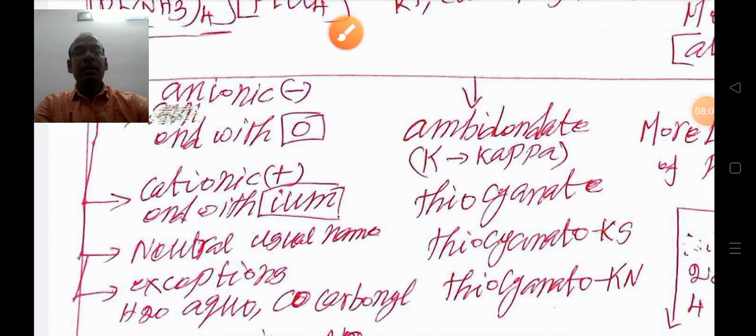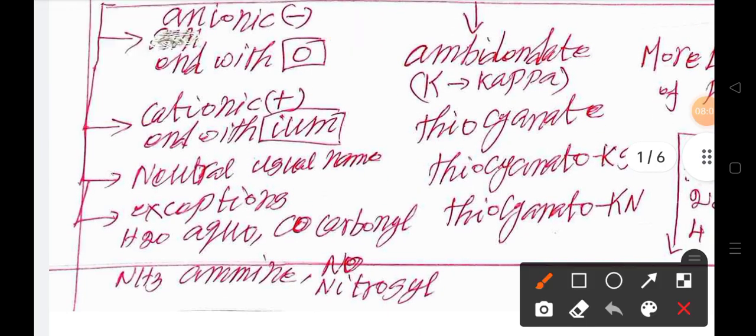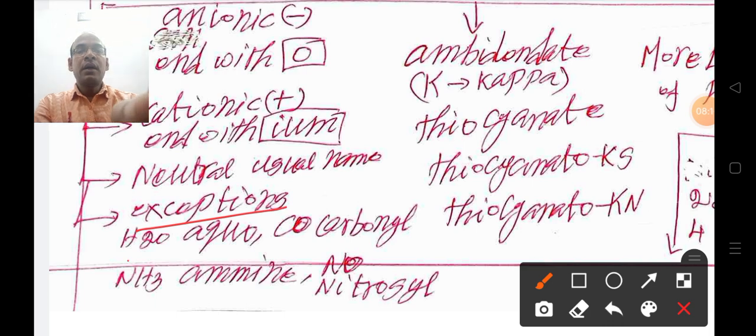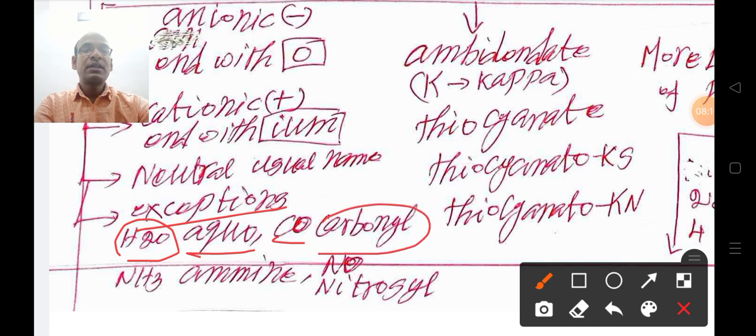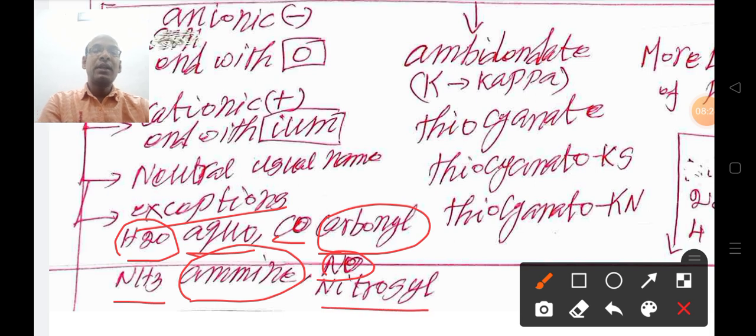And the exception cases: H2O is named aqua, CO is named carbonyl, ammonia is named ammine, NO is nitrosyl.